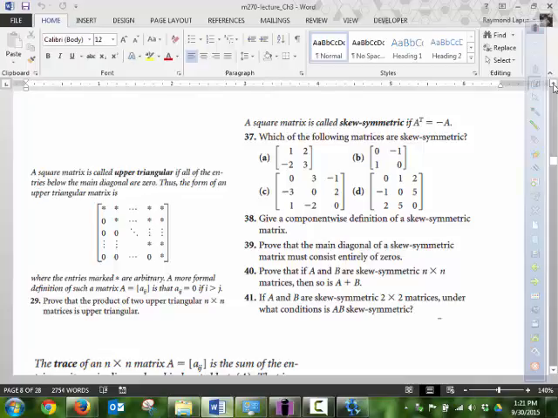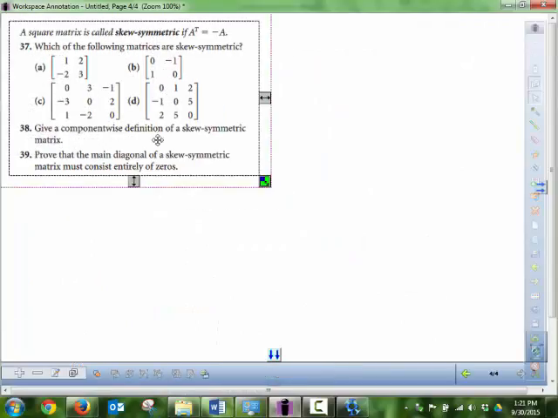A square matrix is called skew symmetric if the transpose is equal to the negative of the matrix. This is a simple check. Let's talk about skew symmetric matrices. And we may do one of these two proofs.